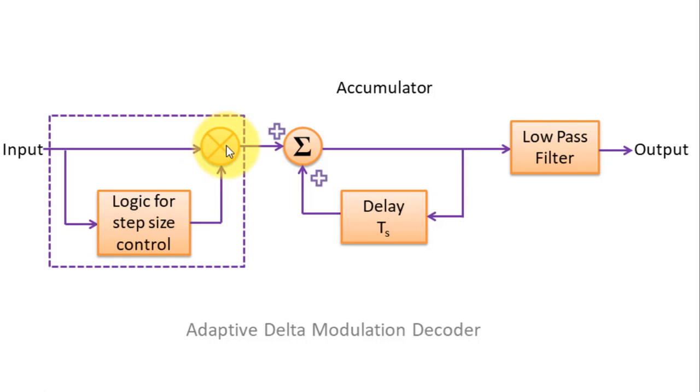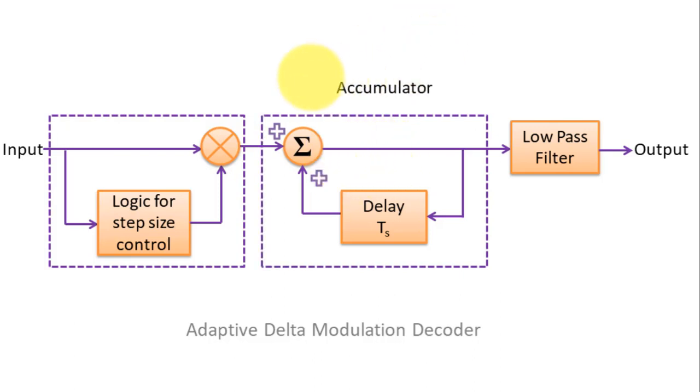Then this variable step size is passed to the accumulator. With the help of the variable step size delta in combination with the previous staircase, the accumulator generates the current staircase approximation of the signal. When we pass this staircase approximated signal through the low pass filter, it generates a smoothed-out output, which is nothing but our input signal as generated at our transmitting side.